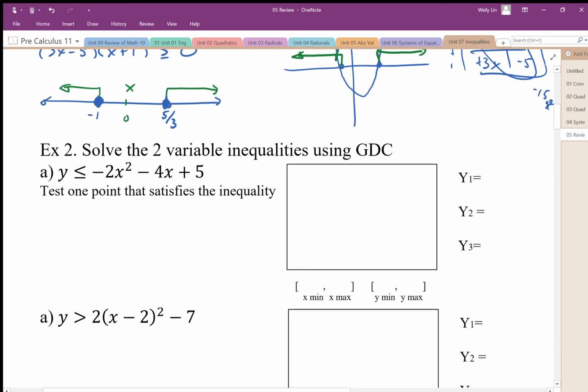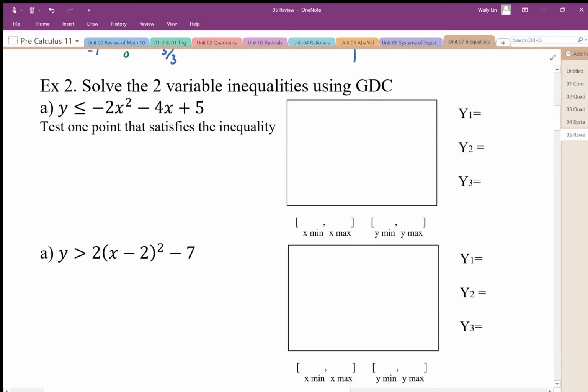So two variable inequalities are different in that our solutions are going to be shown as an area. When we graph these on a graphing tool, we won't have Desmos on the calculator on the test, but you will need at least the skill of being able to analyze a graph.